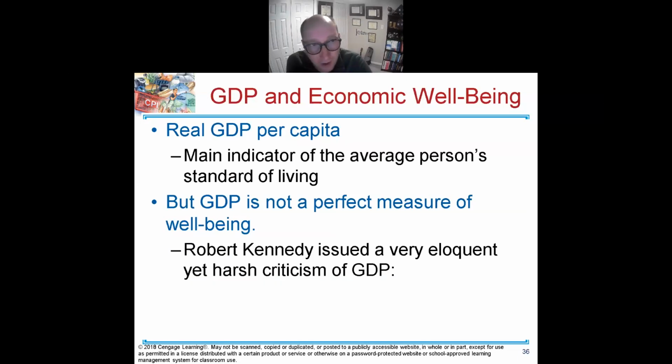So the relationship, gross domestic product and economic well-being. GDP gives us an average of standard of living in the country. It tells us how well the country is doing as a whole, really. When GDP is positive, which it normally is, it means we're doing okay.